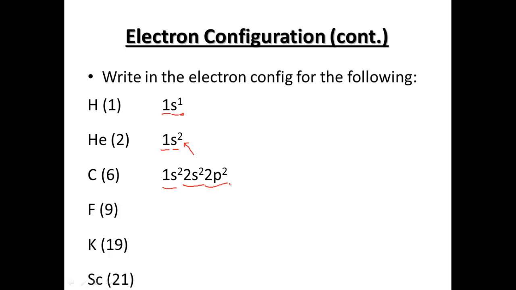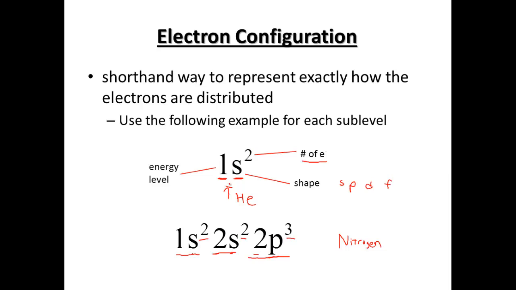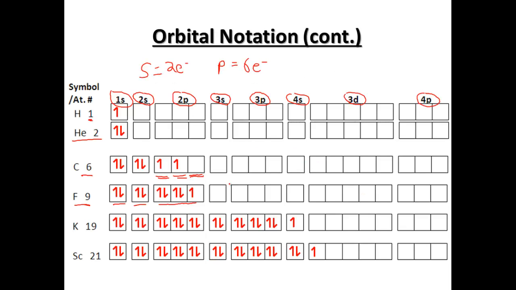At this point, I'm just going to jump back a slide just to show what we looked at already. All we're doing is, instead of writing out all of the boxes and information for each one, we write 1s, 2s, 2p, 3s, 3p, 4s, 3d, 4p, as we're going through to put those electrons in. Hydrogen, we have 1 electron in the 1s orbital.